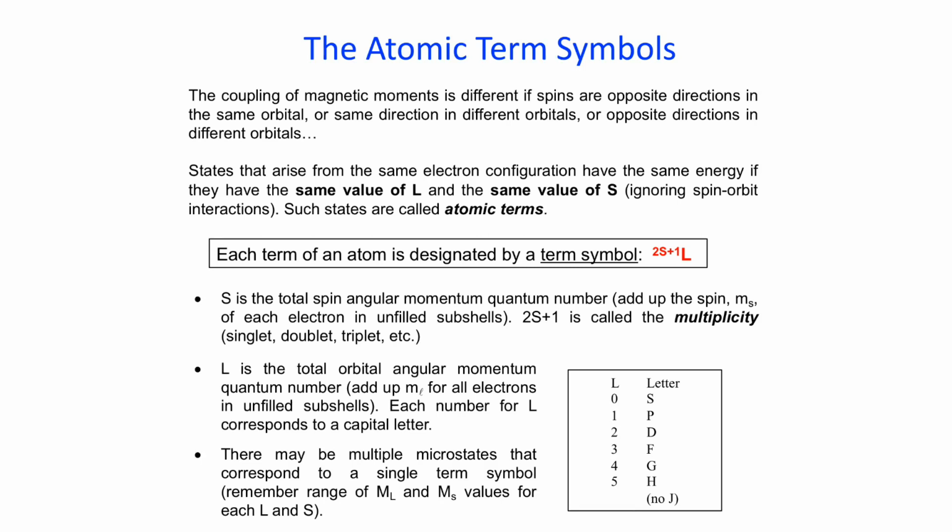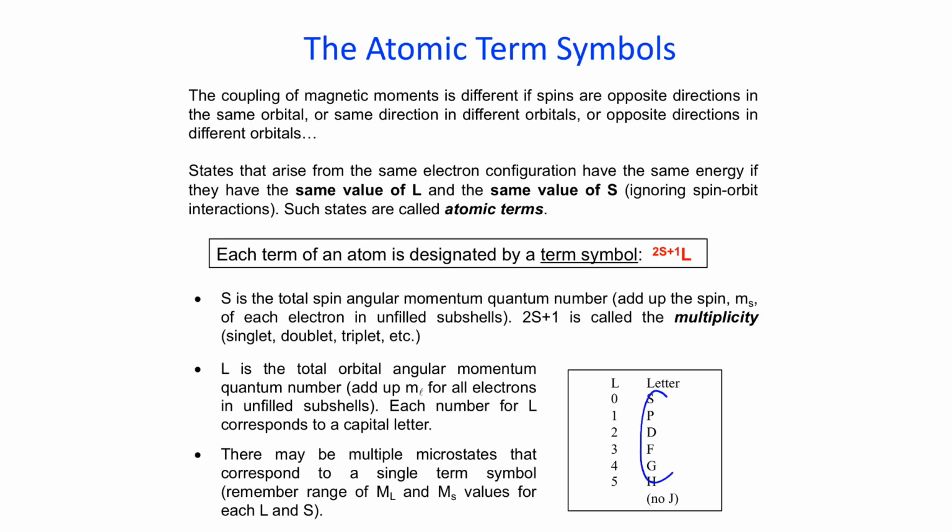We have a similar situation for the big L. We are going to just sub in one of these capital letters for the L. Whatever you calculate your L to be, it's going to be a number. You're going to find it and match it up with the corresponding letter. So this letter goes into here.